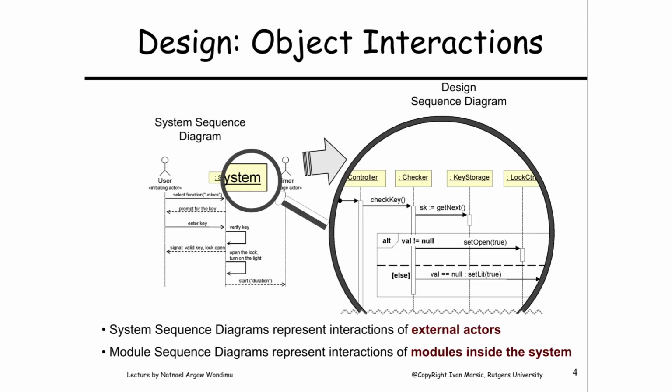But when we dive more into the system sequence diagram, here we do have external actors. These actors could be human beings or any other components or software or APIs, okay, that have a relation with the system.